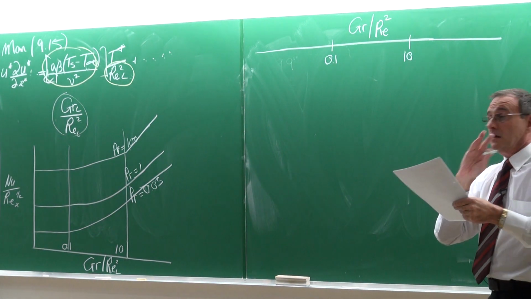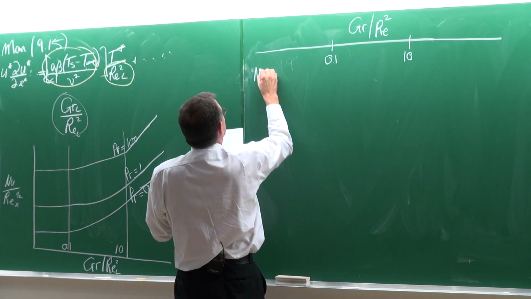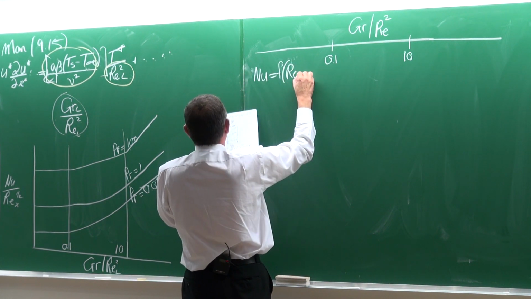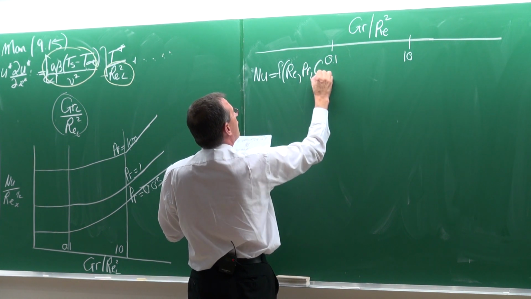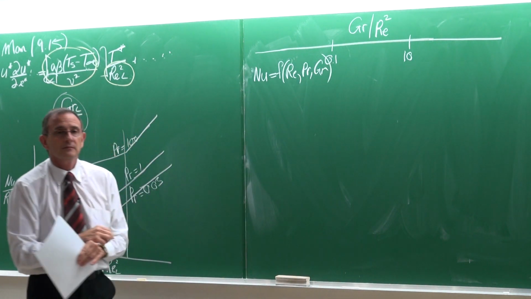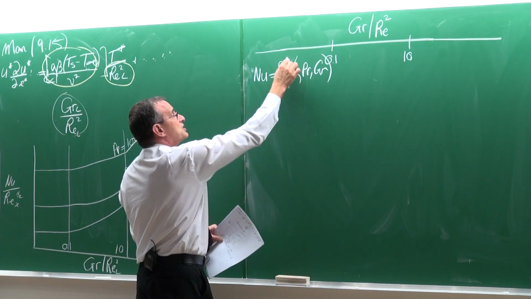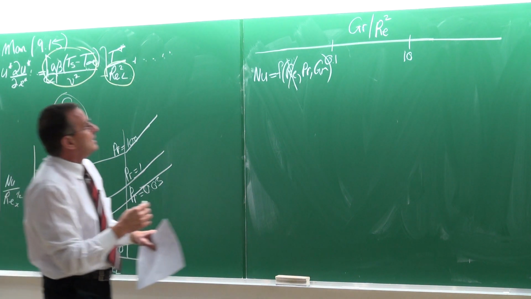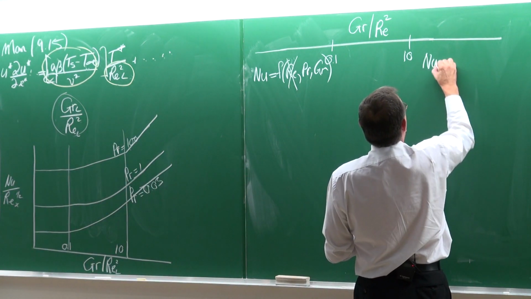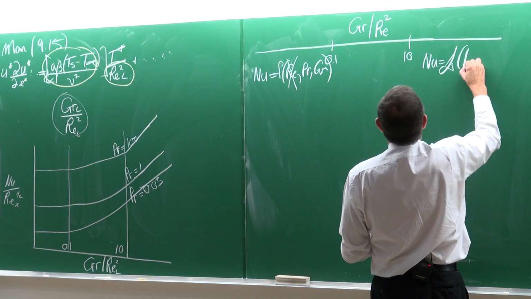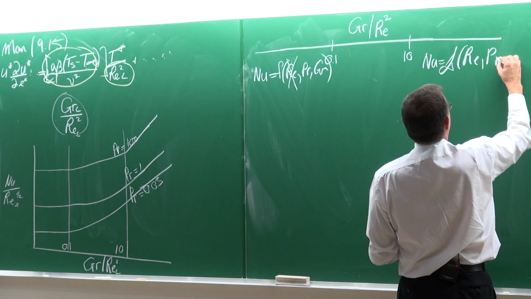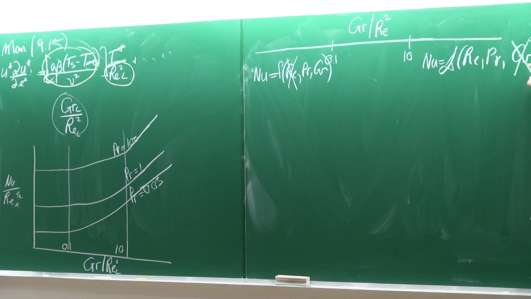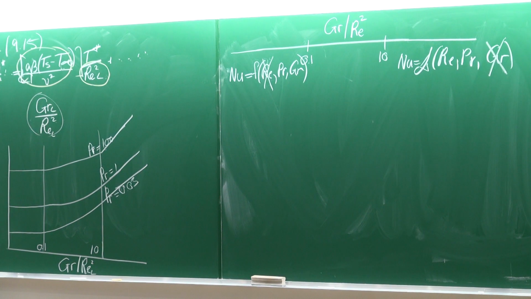And what they have found is that in this part, the Nusselt number, which should be a function of the Reynolds, the Prandtl, and the Grashof number, is not a function of the Reynolds number. In this part, they have found that the results are not dependent on the Grashof number.